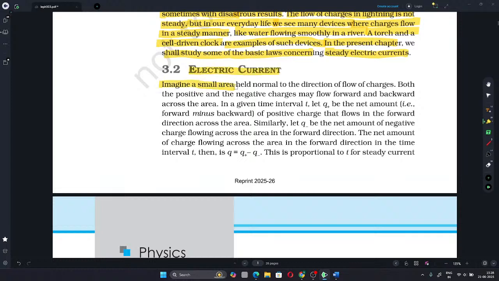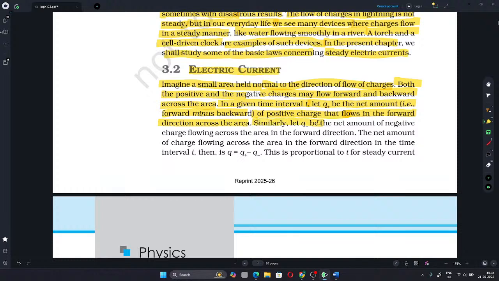Electric current. Imagine a small area held normal to the direction of the flow of the charges. Both the positive and negative charges may flow forward and backward across the area. In a given time interval t, let q plus be the net amount, that is forward minus backward, of the positive charges that flow in the forward direction across the area.